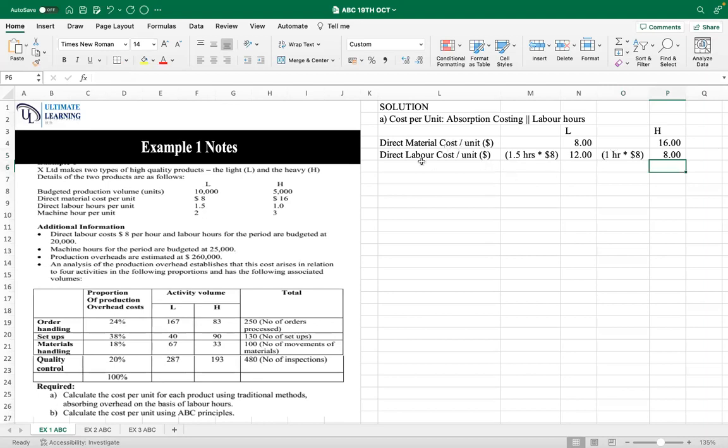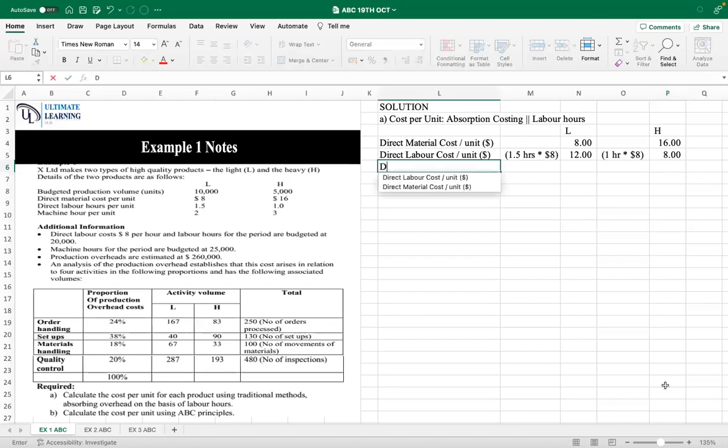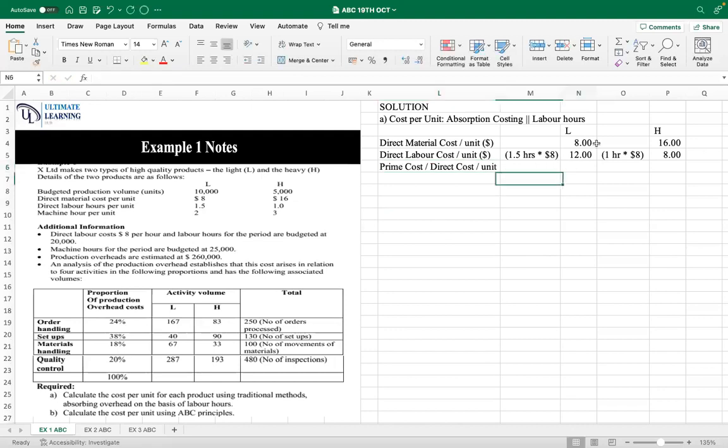When you add these two, there were no expenses given in this question. When you add these two, it's what gives you prime cost. Prime cost is also known as direct cost per unit.